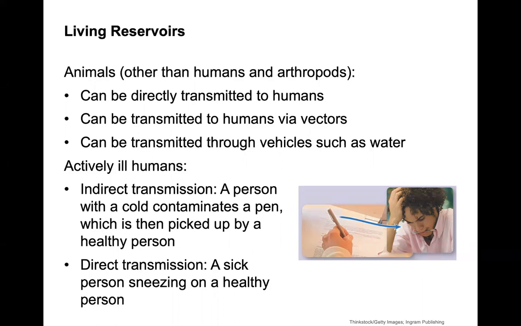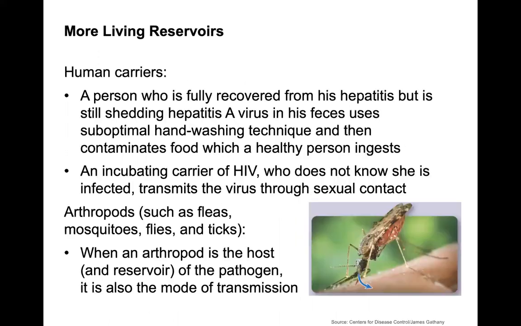Actively ill humans: you can have indirect transmission when a person with a cold contaminates a pen, and then that pen is picked up by a healthy person. Direct transmission is when one sick person, say, sneezes, and then you inhale that. Again, a lot of this is very real for us today as we're living through COVID.